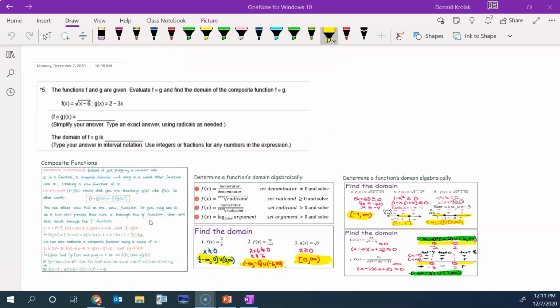Okay, number 5 is asking you to evaluate a composite function. What that means is that we're going to insert g of x into f of x. That's what a composite function does.